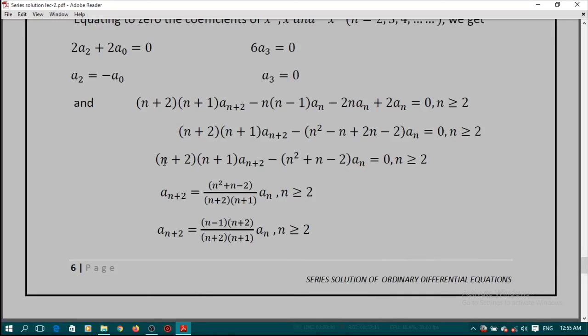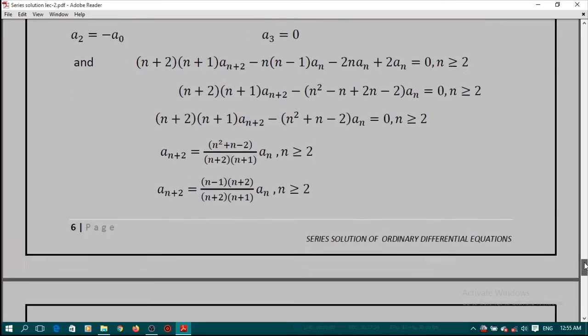So here we have (n+2)(n+1)a_(n+2) plus (2 minus n square plus n minus 2) a_n equals 0, where n is greater or equal to 2. So we get a_(n+2) equal to (n square plus n minus 2) a_n divided by (n+2)(n+1).